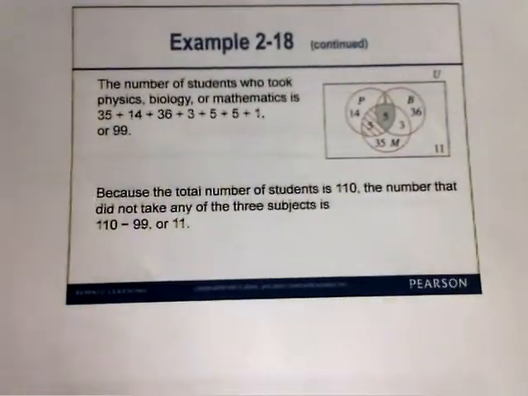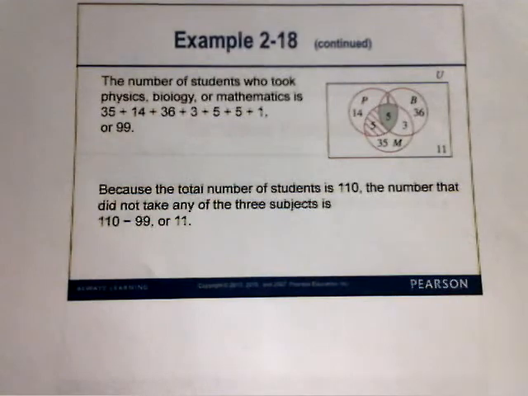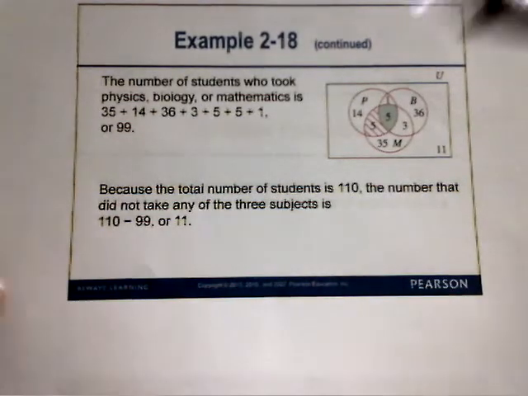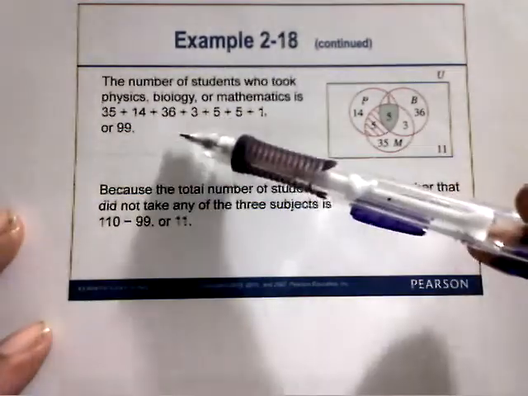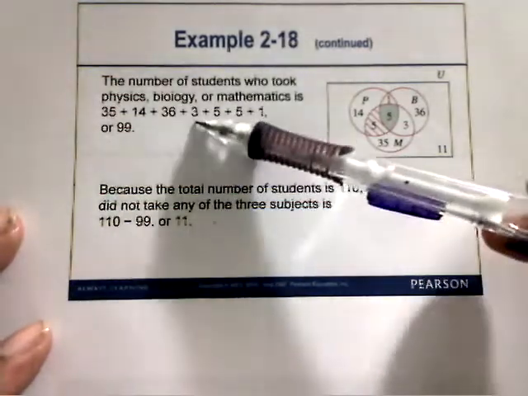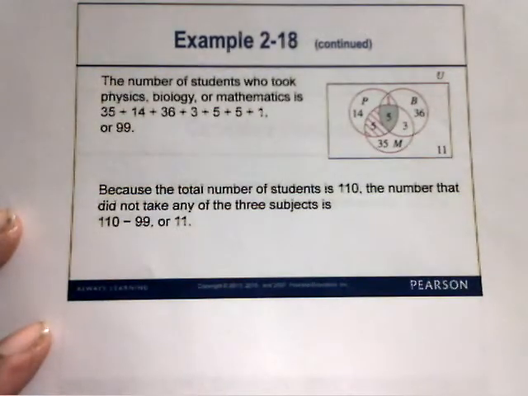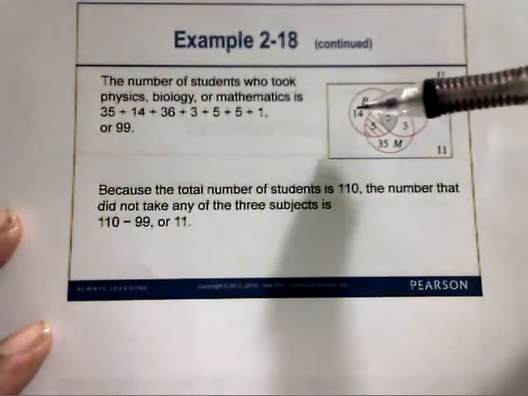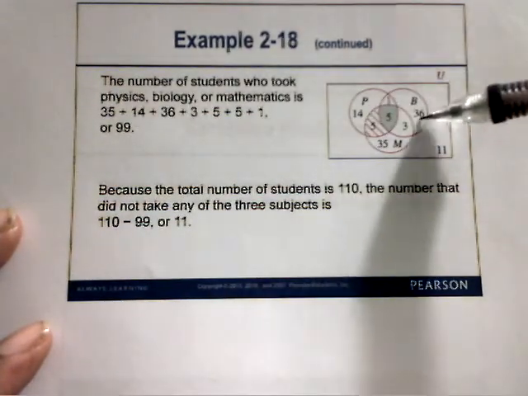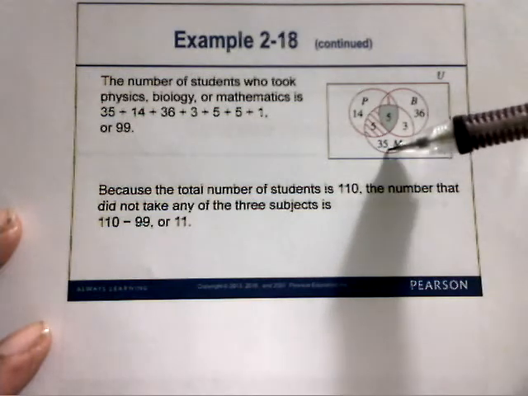Okay, and to continue on, the number of students who took physics, biology, or mathematics will be this. 35 plus 14 plus 36 plus 3 plus 5 plus 5 plus 1, which will be 99. In other words, we're just simply adding each of these individual numbers that you see inside those circles.